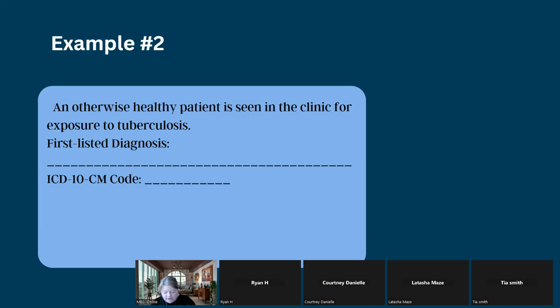Like Z20.81 is contact with bacterial communicable diseases. Viral communicable diseases is Z20.82. So you can get more specific than communicable diseases. You've got to either name the disease or figure out what type it is. Is it viral? Is it bacterial? And you have to specify that if you don't know the specific disease.